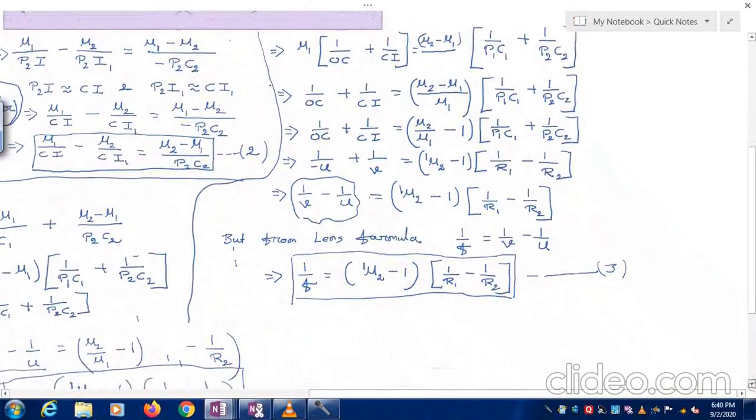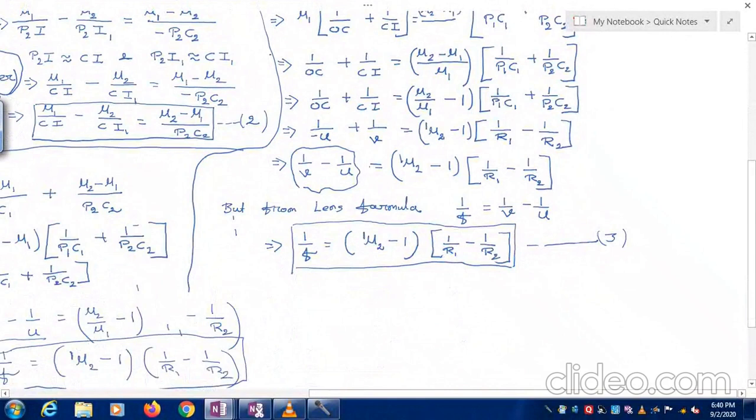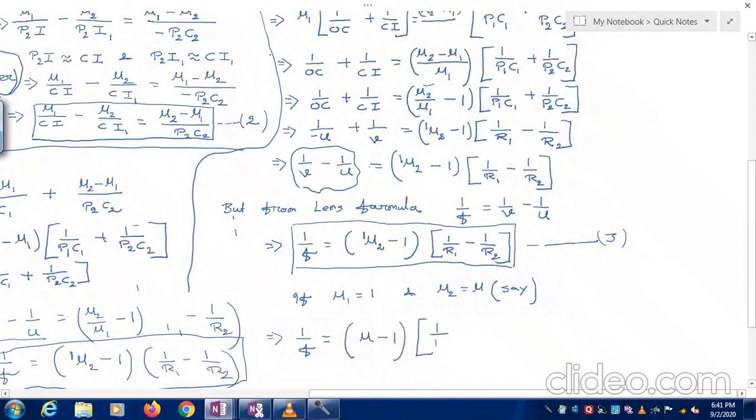Now see, if the first medium is air, that is mu1 is equal to 1 and mu2 is equal to mu, say the refractive index of the material of the lens is mu, then the above equation becomes 1 by F is equal to, instead of mu2 1 we write mu, and this mu1 is 1, so mu minus 1 into 1 by R1 minus 1 by R2.